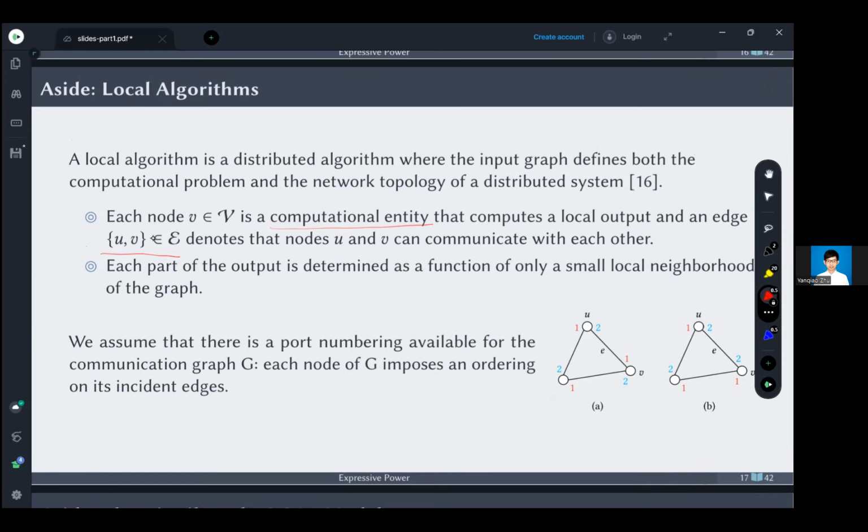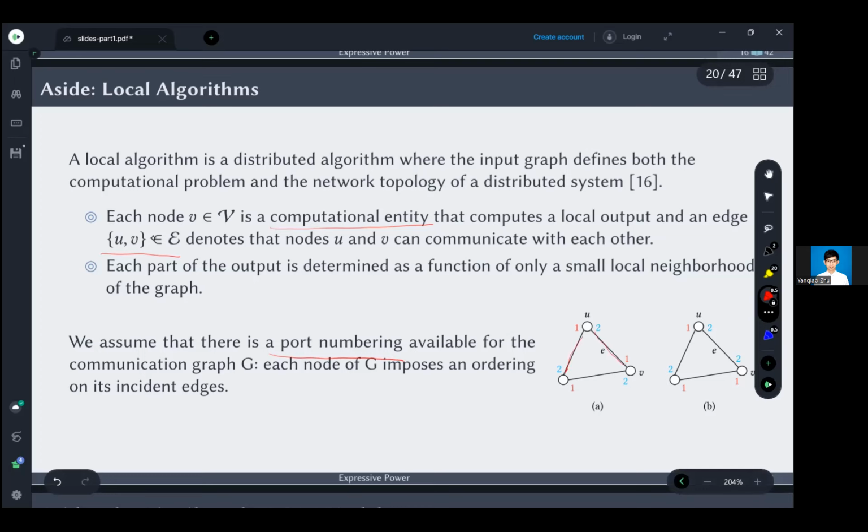In local algorithm settings, we assume that there is a so-called port numbering. The port numbering gives you the information of where a message comes from. For example, here we consider an input graph of three nodes, and we can arbitrarily assign number one and number two to each side.